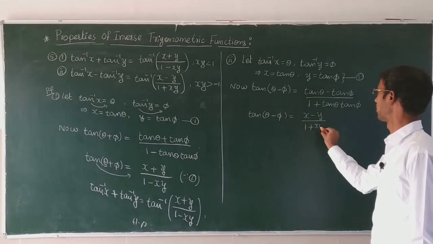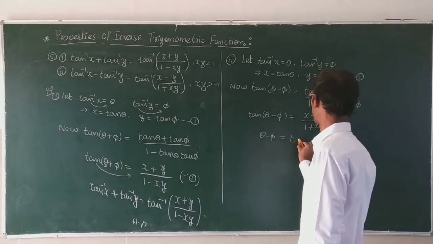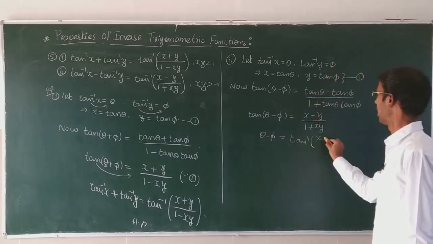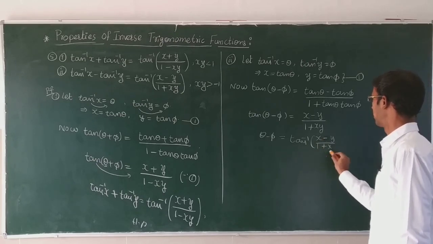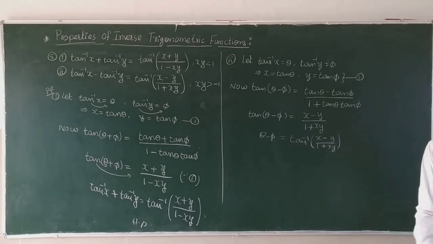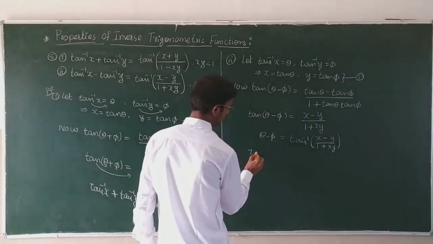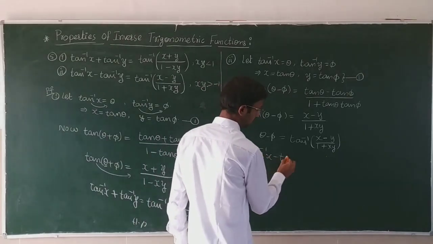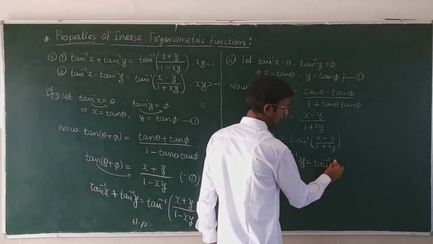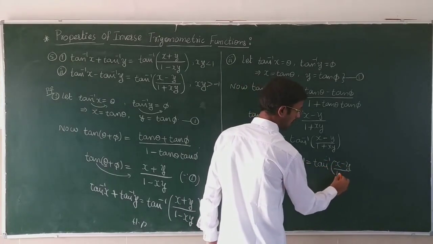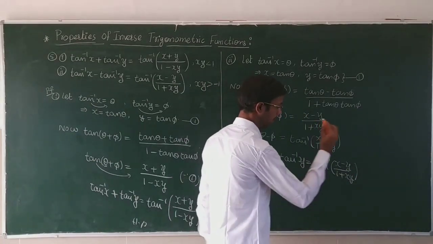So theta minus phi is tan inverse x minus tan inverse y, which is equal to tan inverse of (x minus y) by (1 plus xy), and proved.